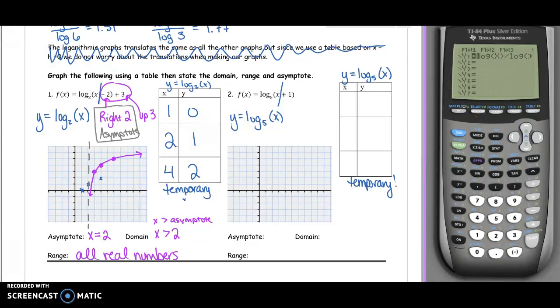Again, if you do not have the fancy new feature, you can use the change of base formula: log of x divided by log of 5. If you have that fancy base feature, remember it's alpha window, and that pops up that menu, and then option 5 is that base feature.